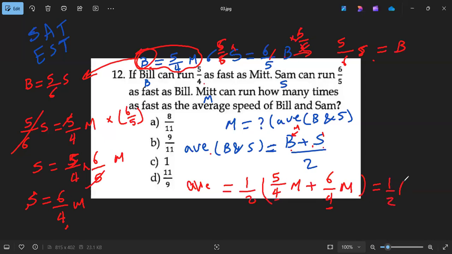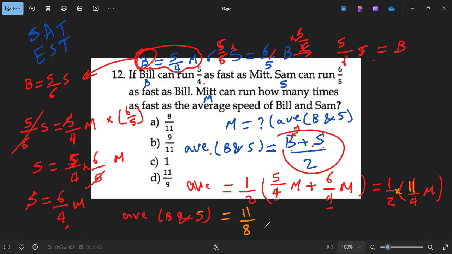Half is outside the parentheses. This is 1/4, not 8. So we have now the average he asked about: the average of Bell and Sam. We got the final answer now. Half multiplied by 11/4 is 11/8 M. So it's very clear to become like this.